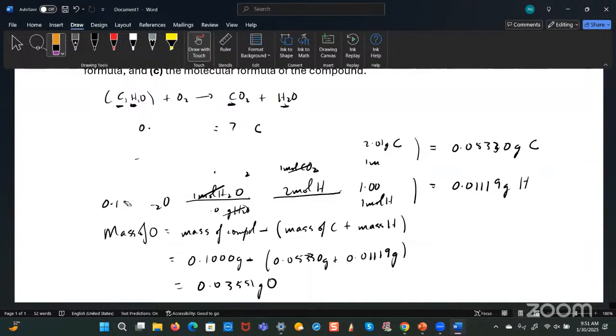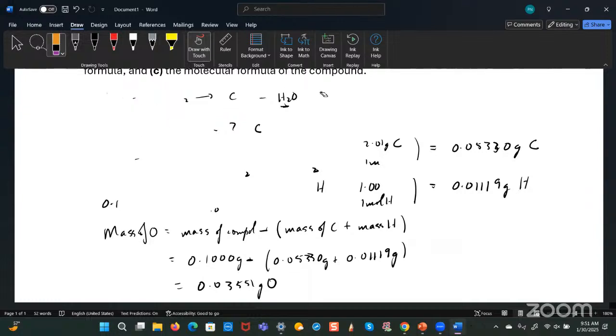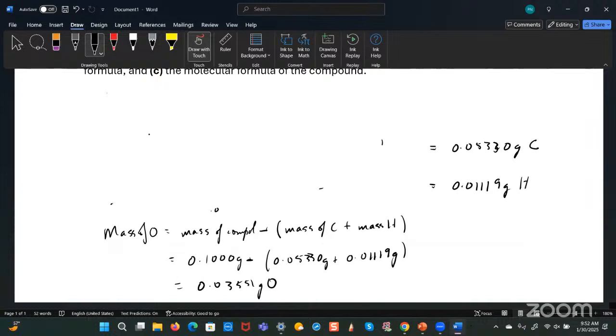I'm just partially erasing because I'm going to need some of the information that I have here. So these are the numbers we're going to use. This would be the mass of the carbon. This would be the mass of the hydrogen. And this here is the mass of the oxygen, right?